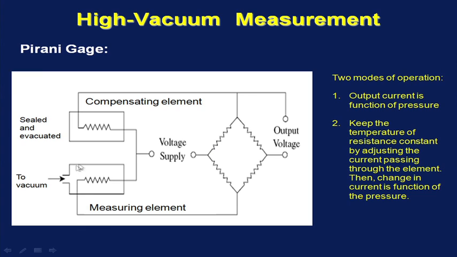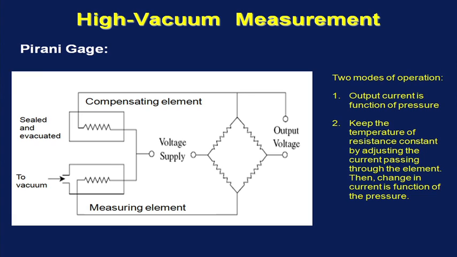Now, when the measuring element is connected to the pressure source, this pressure causes change in temperature of this resistance. If the resistance changes, there will be an unbalance in the circuit. So, the bridge unbalanced current will be a measure of pressure.